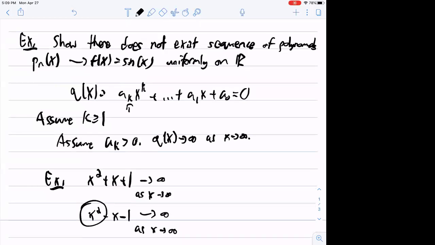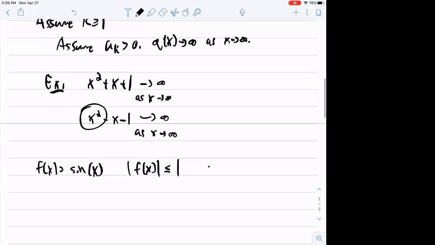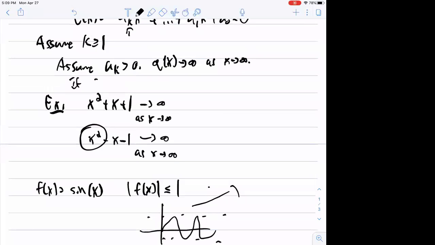Because on one point, f is in this interval, and then your polynomials are going off to infinity. And similarly, if a_k is less than 0, q of x goes off to negative infinity.